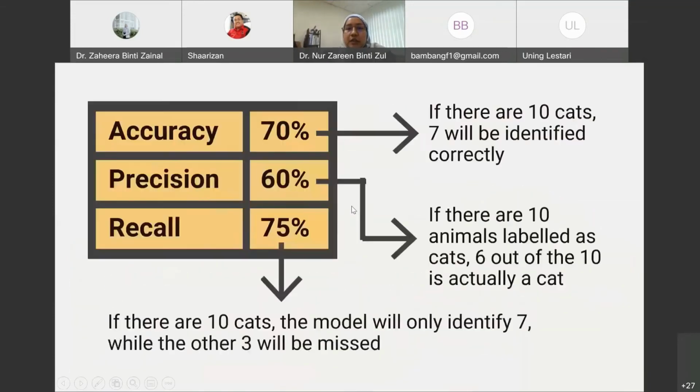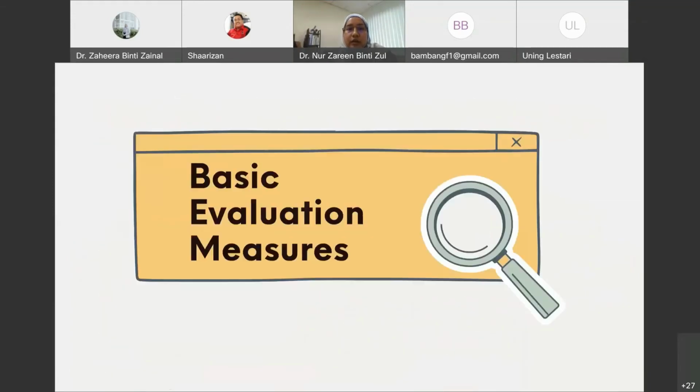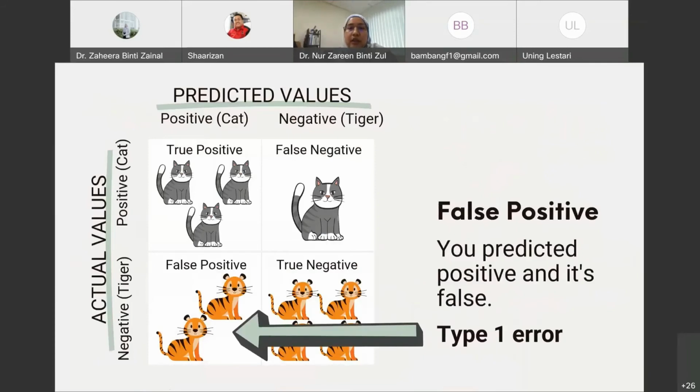So basically type 1 and type 2 errors depend on whether it is a false positive or false negative. In a real life scenario, type 1 error would basically mean that you predict something as positive when it's actually negative.